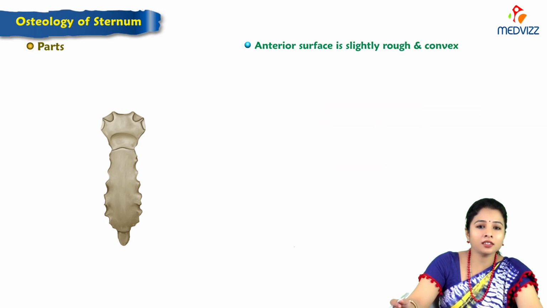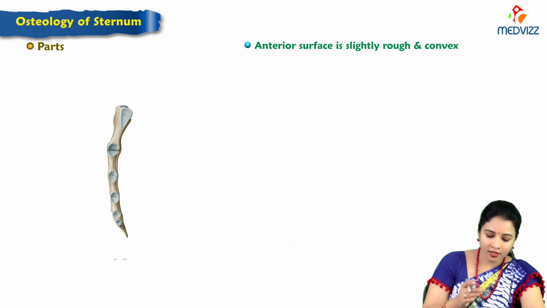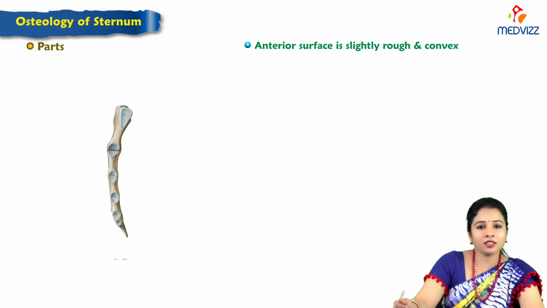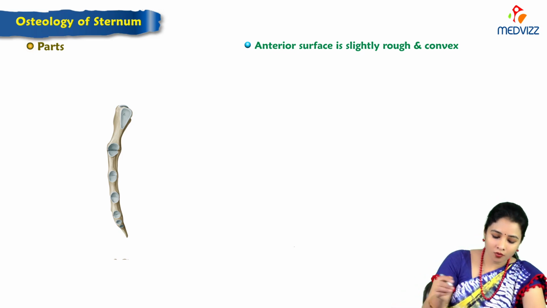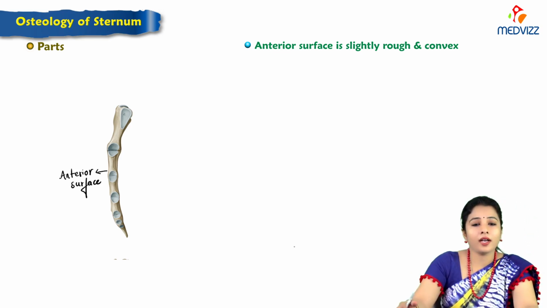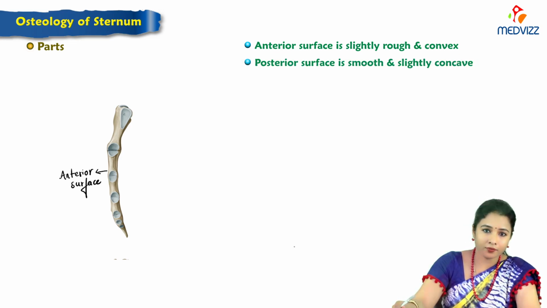Here is the lateral view of the sternum, where you can see the anterior convexity. So its anterior surface is slightly rough and convex, while its posterior surface is smooth and slightly concave.